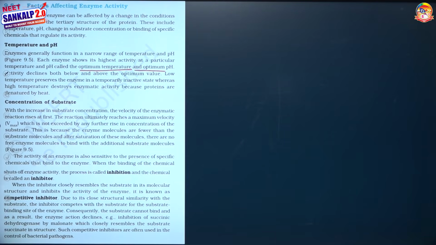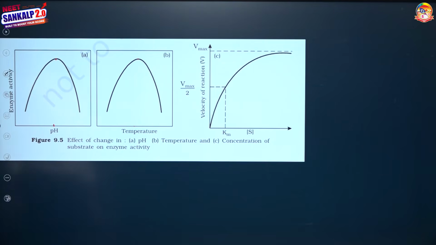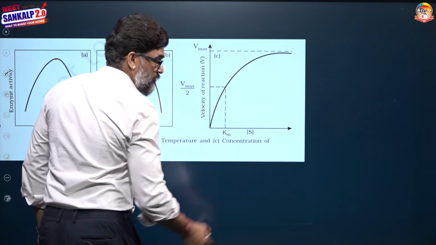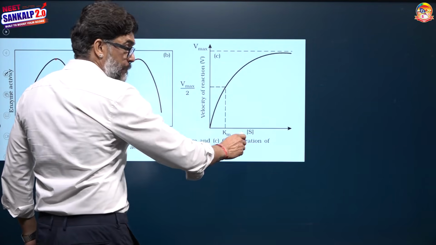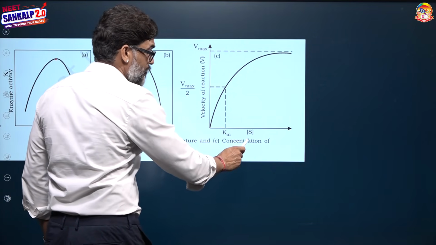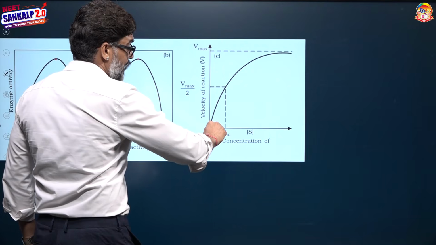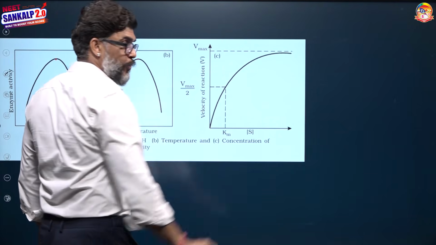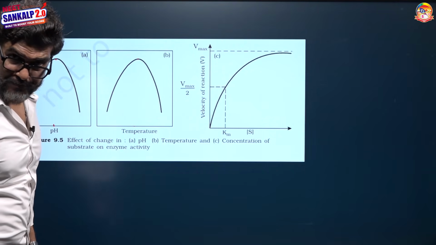The next factor is the concentration of substrate. See in the diagram, this is the concentration of substrate. When we plot a graph between the velocity of the enzyme-catalyzed reaction and substrate, we see that the rate of reaction is directly proportional to the substrate concentration.